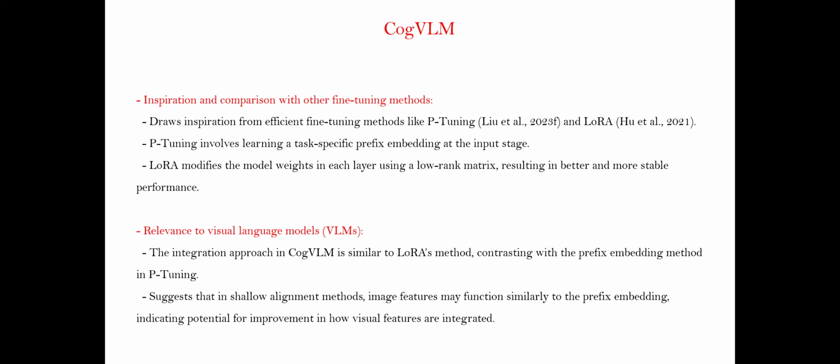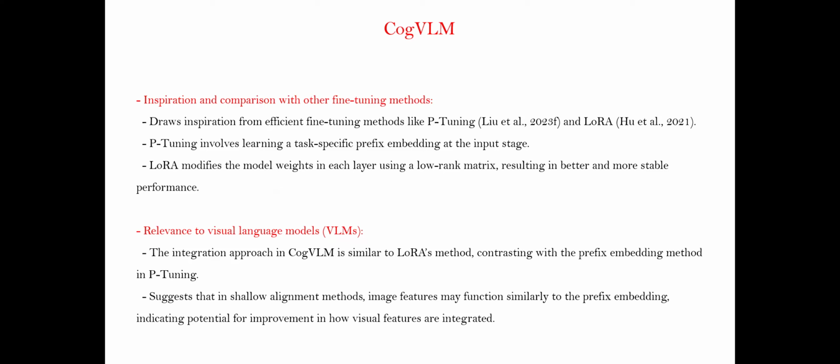Two works basically inspired CogVLM: P-tuning as well as LoRA. P-tuning learns a task-specific prefix embedding in the input, while LoRA adapts the model weights in each layer via a low-rank matrix approximation. As a result, LoRA performs better and more stably. A similar thing can exist in VLMs as well, because CogVLM uses both.